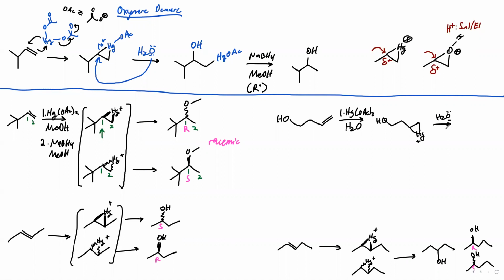So this problem here is going to require that you remember what I was saying a couple seconds ago. As long as there is a source of electrons, the epoxide, or sorry, the mercurium ring will open. So why was I saying that? Well, water, when it reacts, what it's really reacting as is an oxygen source. And alcohol, when it reacts, it's acting as just a nucleophilic oxygen source.